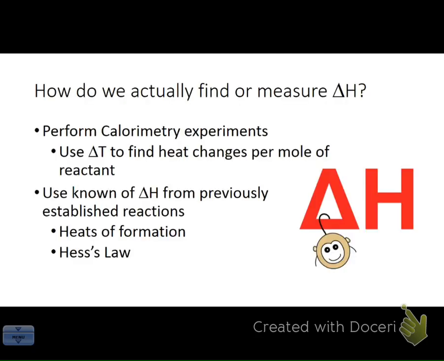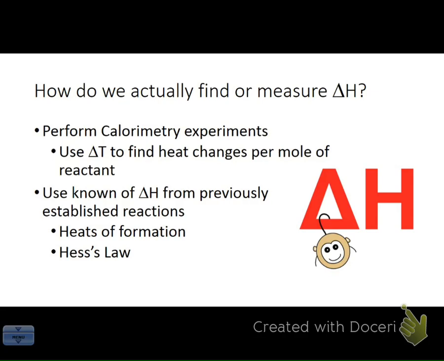The premise behind all this is the question, how do we actually find or measure enthalpy changes? We've already talked about using calorimetry. We can go to the lab, combust something, for example, and use a calorimeter to measure the change in temperature of usually water or something.